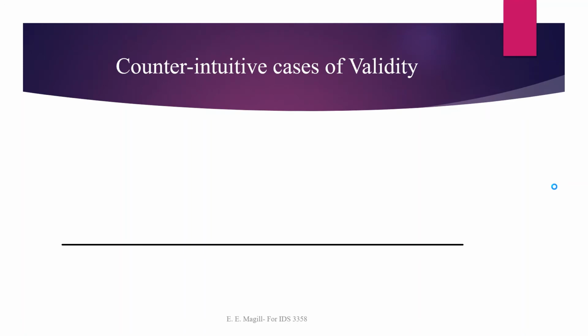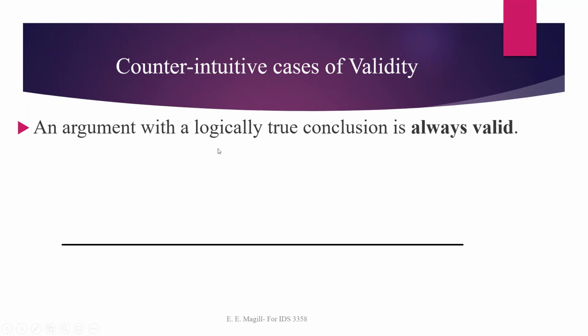So first, and this is very similar to the special case we looked at in the last video with entailment, an argument with a logically true conclusion is always valid, no matter what the premises are. And this is because it's impossible for the logically true conclusion to be false, right? So that satisfies the definition of validity, that it's impossible for the premises to be true and the conclusion to be false at the same time. That second part, that it's impossible for the conclusion to be false while the premises are true, is automatically satisfied. So here's an example.